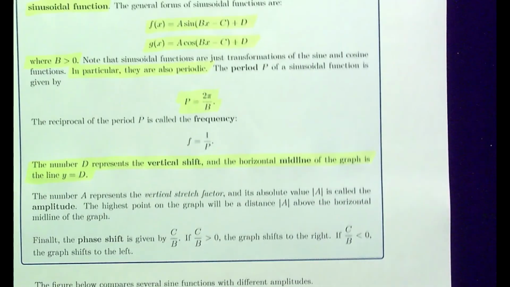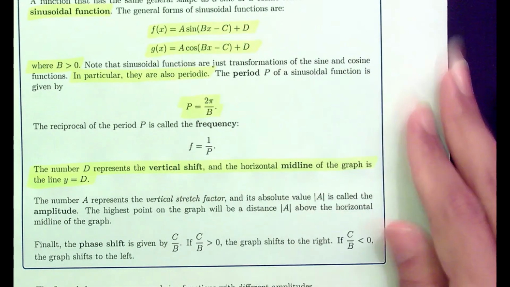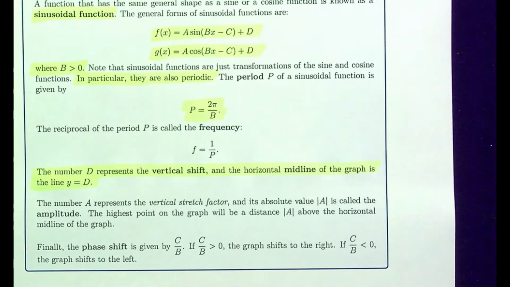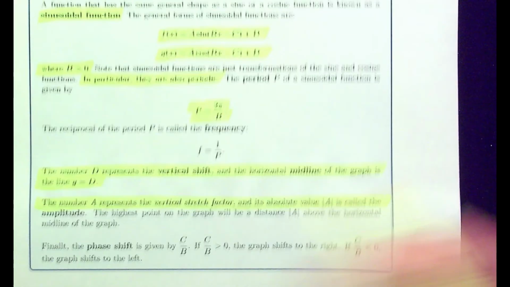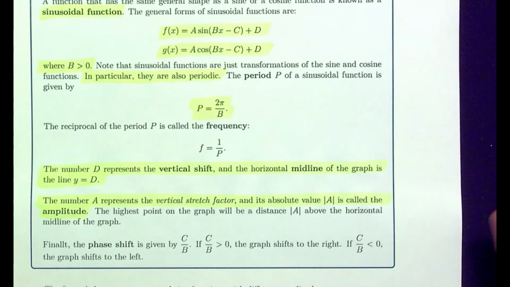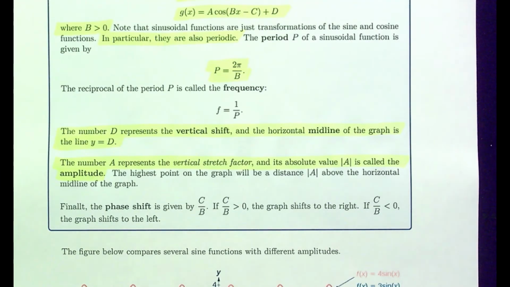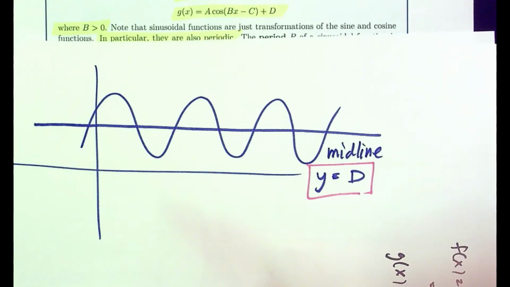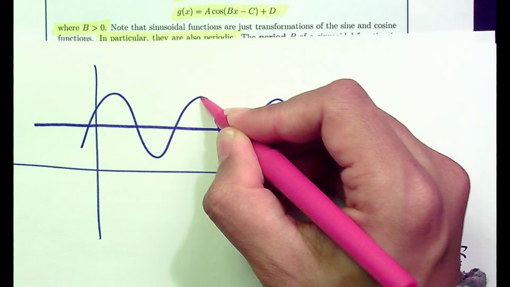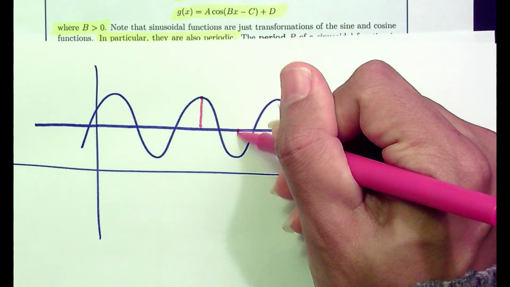Okay, so that helps explain the b and the d. How about the a? This formula, what does that give me? Well, the a turns out to be the so-called vertical stretch factor. And the absolute value of a is called the amplitude. Okay, the absolute value of a is called the amplitude. And the amplitude is the distance between the midline and the highest point, or because this is symmetrical, it could be the distance between the midline and the lowest point.